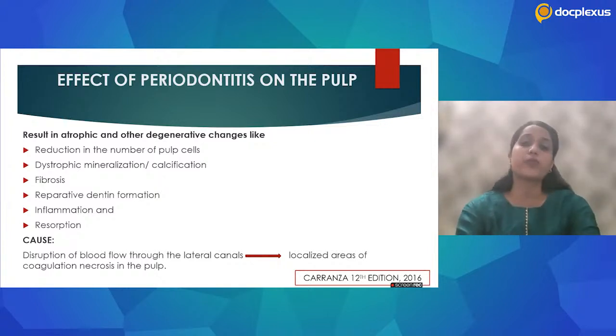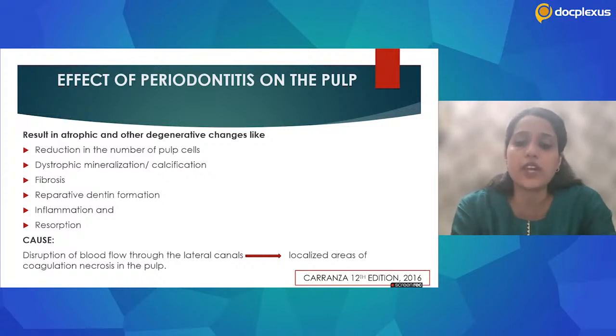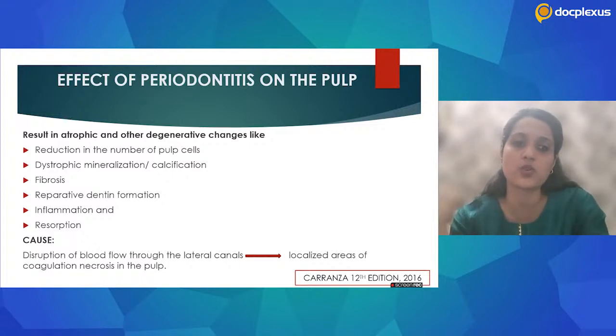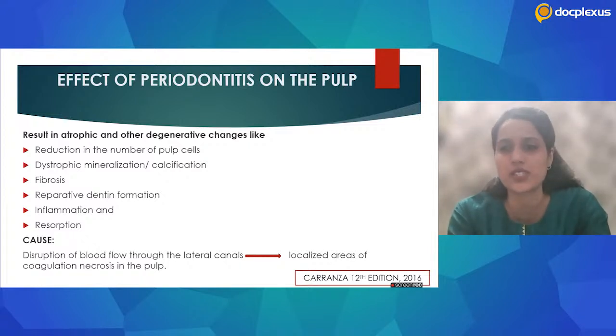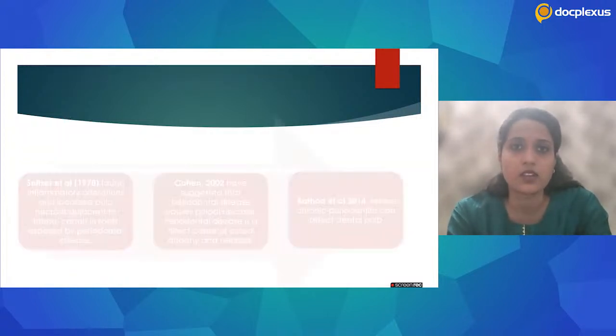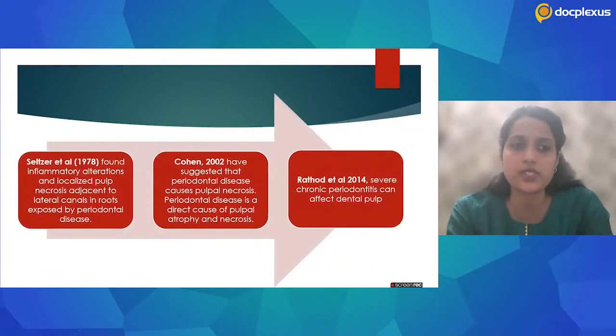Now, this periodontitis will have atrophic and other degenerative changes like fibrosis, or there will be calcification or narrowing of canal or sclerosis or inflammation or resorption of cells, which will lead to disruption of blood flow through the lateral canals and will have localized areas of coagulation necrosis in the pulp.